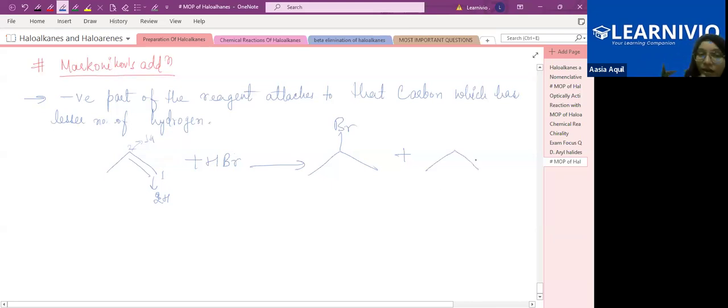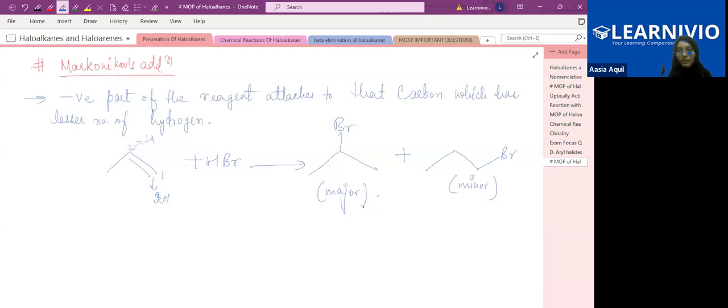That product is not according to the Markovnikov addition rule. This is your minor product, but the major product will be your Markovnikov addition product, in which you have followed the Markovnikov rule. Two products will be formed in this case, but the major one, just remember, will be the Markovnikov addition product. Got my point?